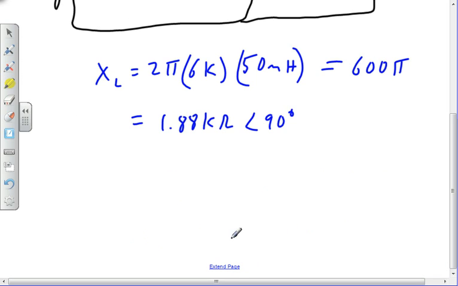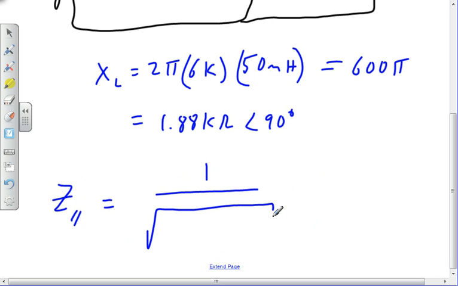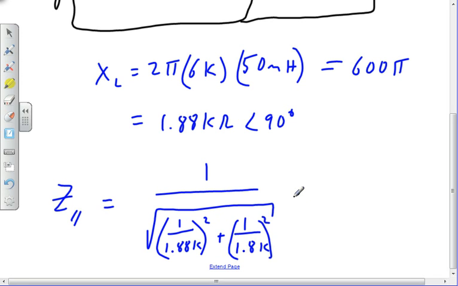Now we need the impedance of the parallel path. 1 over the square root of 1 over 1.88K squared plus 1 over 1.8K squared equals.